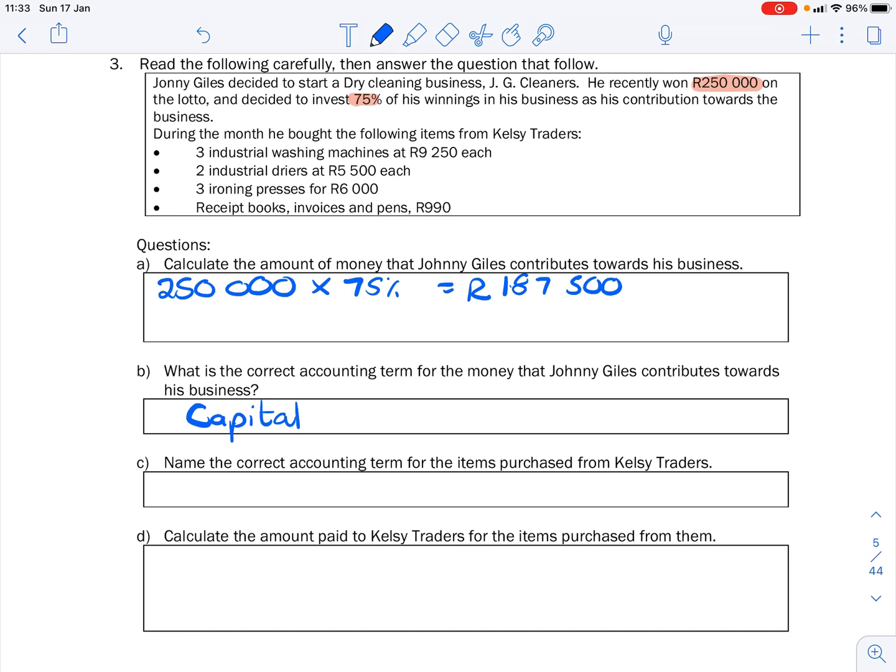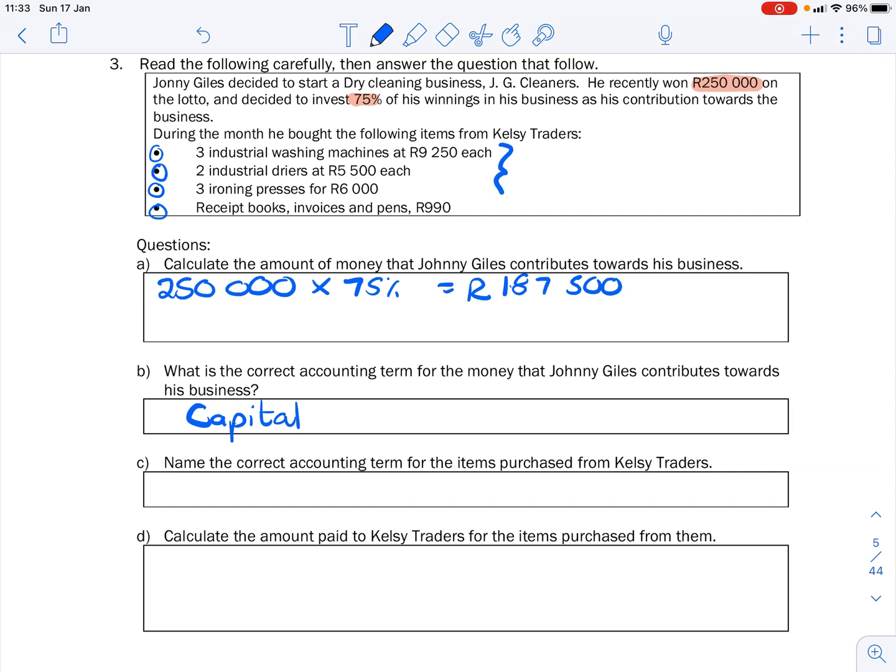Now, C, name the correct accounting term for the items purchased from Kelsey Traders. Now, if we look at the correct term for these items, we have industrial washing machines, dryers, ironing presses, and receipt books and pens.